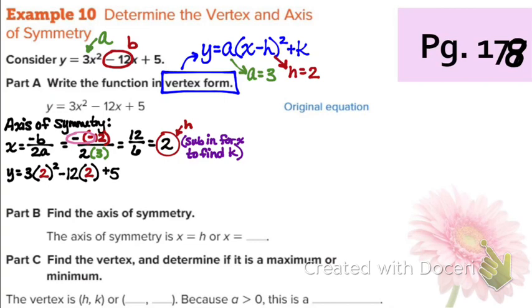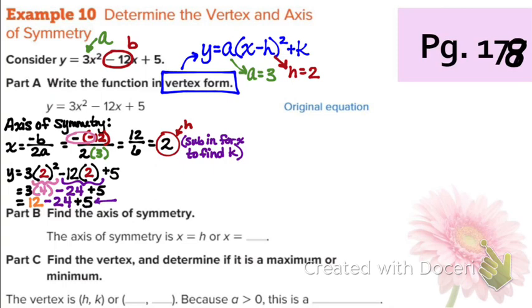What is 2 squared? 4. What is negative 12 times 2? Negative 24. And then I have plus 5. What's 3 times 4? 12. So I have 12 minus 24 plus 5. How much? 17?